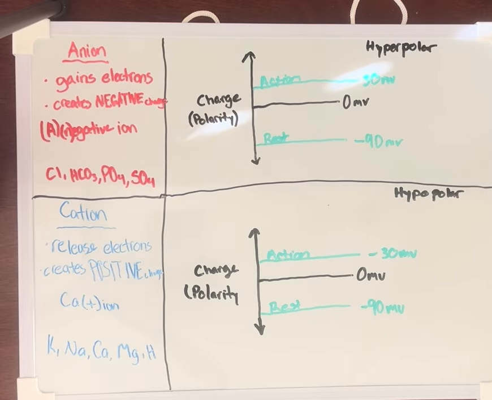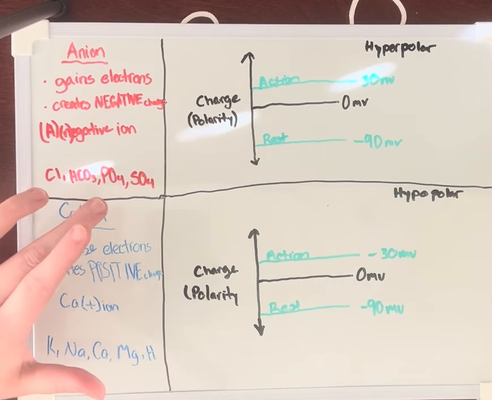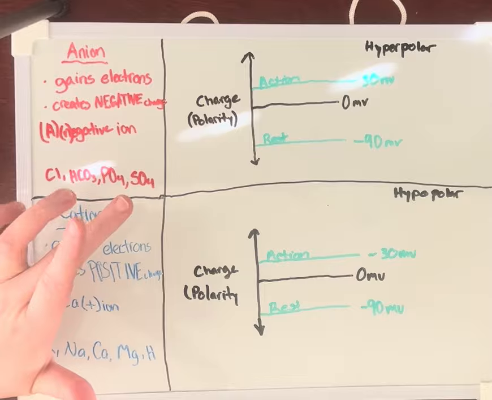If you gain, it creates negative. But we're talking about charge, electricity. A good way to remember this: a negative ion, a negative ion, anion. That's going to include your chloride, your bicarb, phosphate, and sulfur.